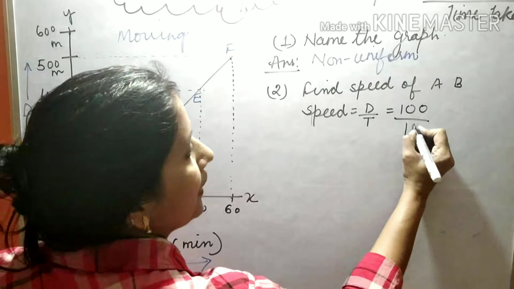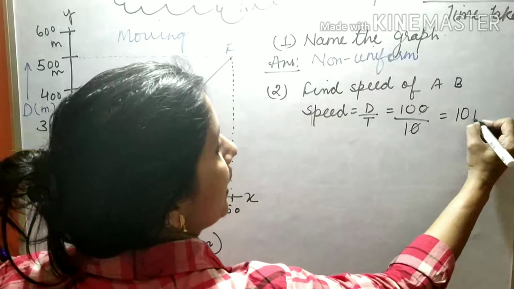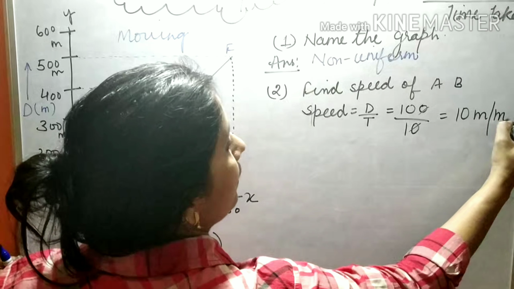So answer will be 10 minutes. Okay, if you cancel it, answer will be 10 meter per minute.